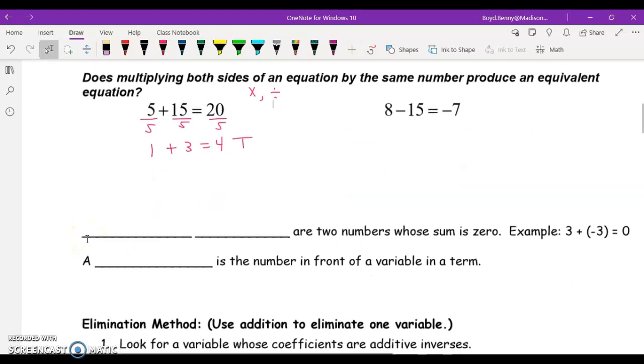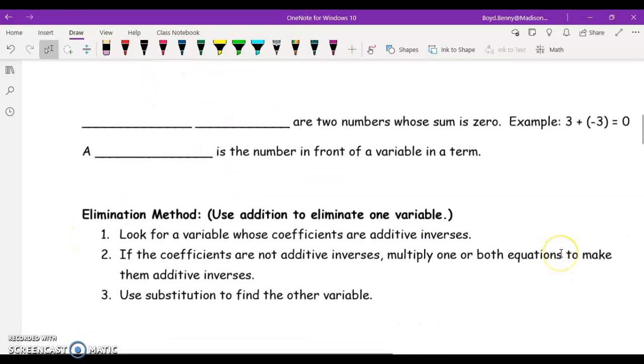Okay? So let's roll on down here and do our vocabulary and jump into actually solving some elimination problems. So blank are two numbers whose sum is 0. We call those additive inverses.